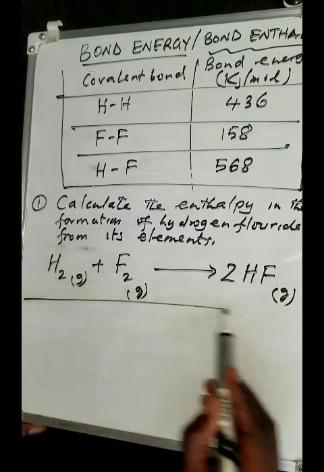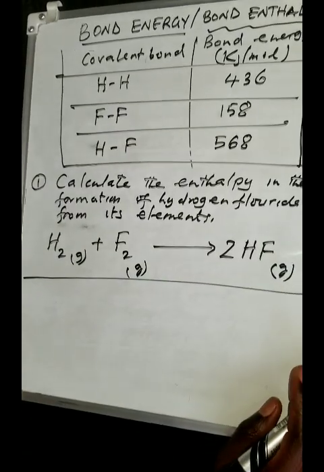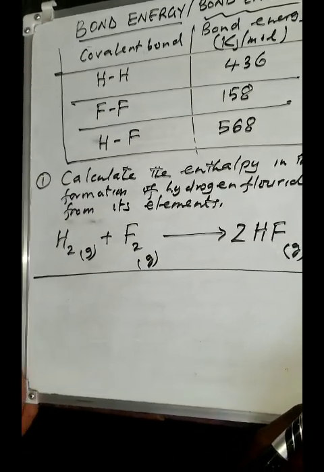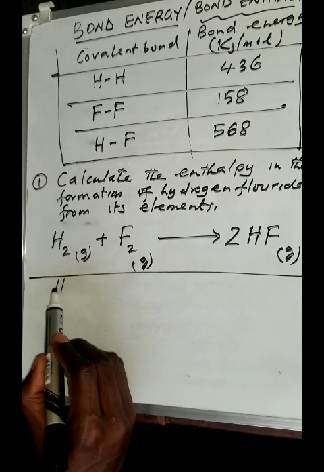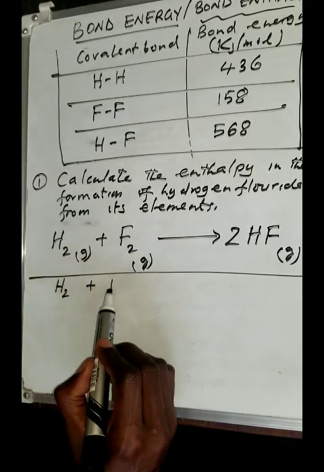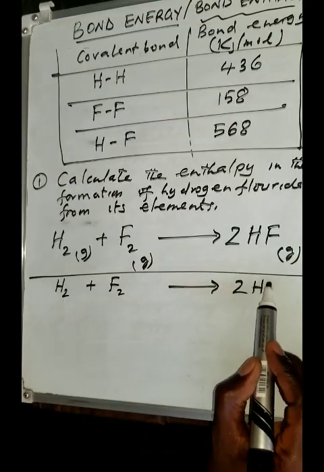So now, how do we calculate the enthalpy change or the heat of the reaction in this case? Well, it is very simple. Remember, hydrogen is reacting with fluorine in order to produce hydrogen fluoride.